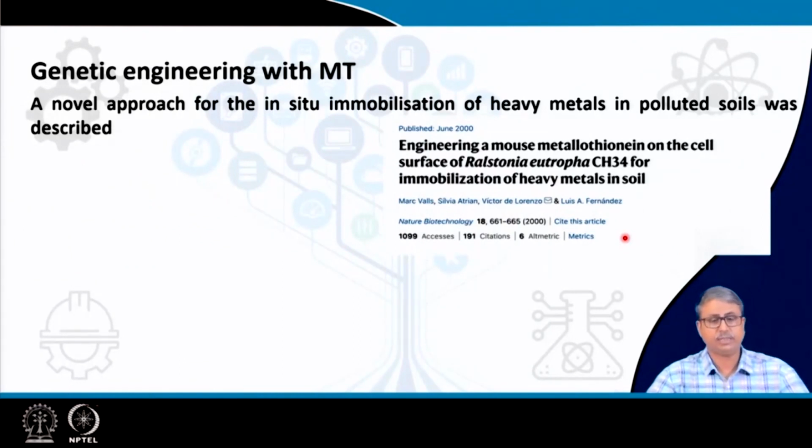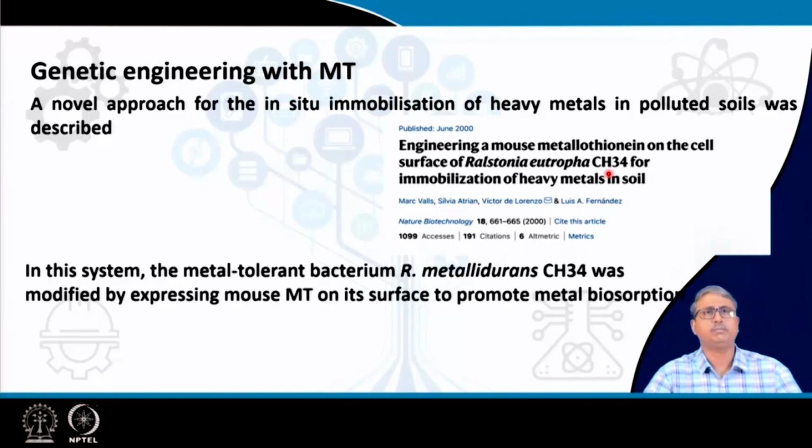Genetically engineered metallothioneins have been found to be very important in soil remediation. In one of the cases, Ralstonia eutropha CH-34, one of the best known metal resistant bacteria, naturally metal tolerant, is engineered with the eukaryotic metallothionein gene, the mouse metallothionein, on the surface to promote metal bioabsorption.